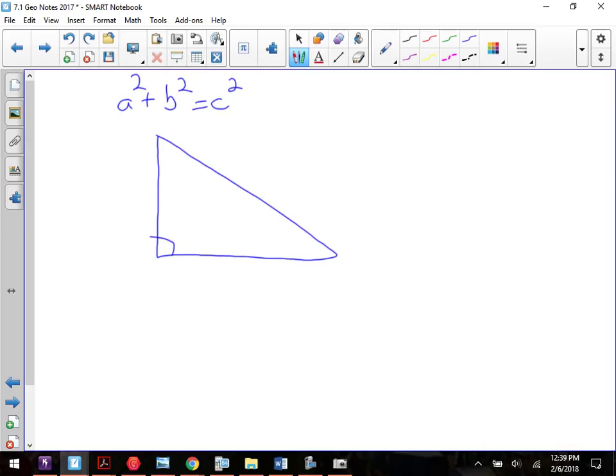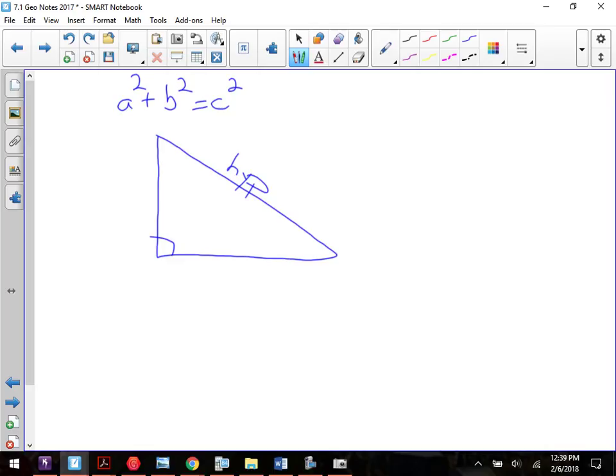Where will the hypotenuse always be located in a right triangle? The longest side, and it's opposite the right angle. Your hypotenuse is always the longest side length, and since it is the longest side length, it means it's also across from the largest angle.